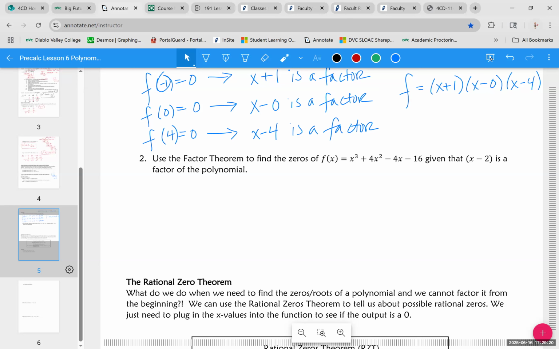So they've given us a hint that we already know that this is a factor, which also tells you that 2 is a zero. That's what the factor theorem tells us, right? So what we're going to try to do is divide this factor out of this and then see if we can factor what's left to find the remaining zeros.